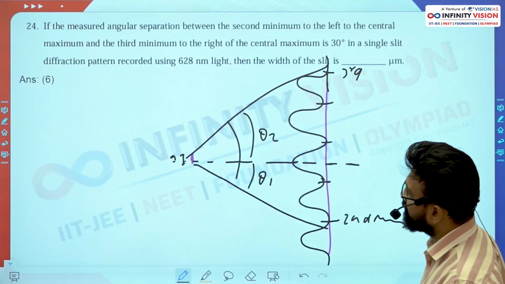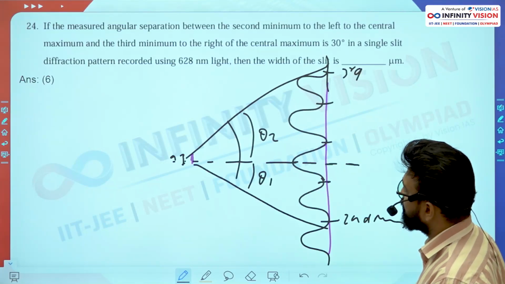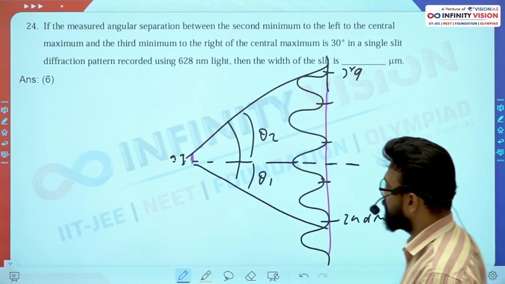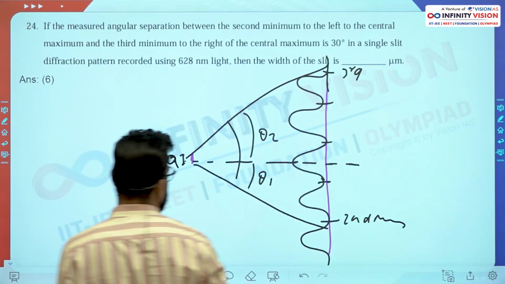In a single slit diffraction pattern using 628 nanometer light, you need to calculate the width of the slit.